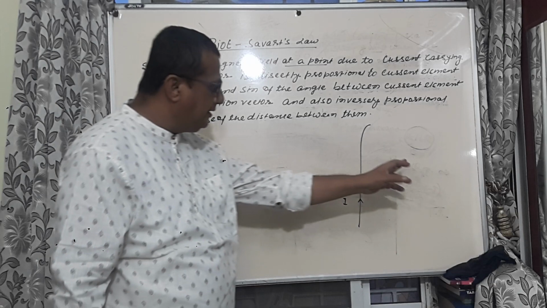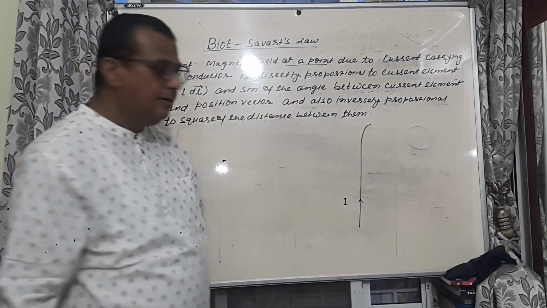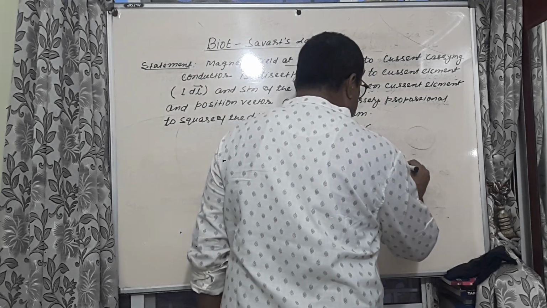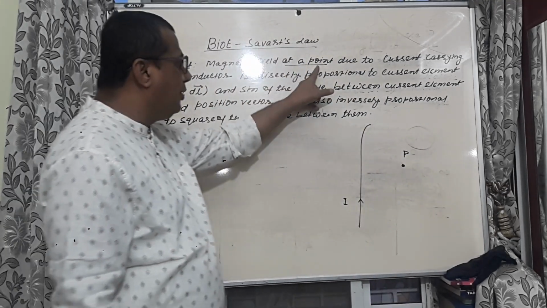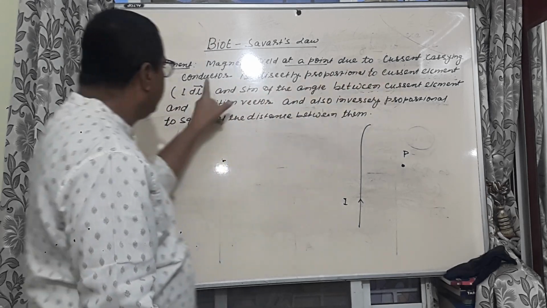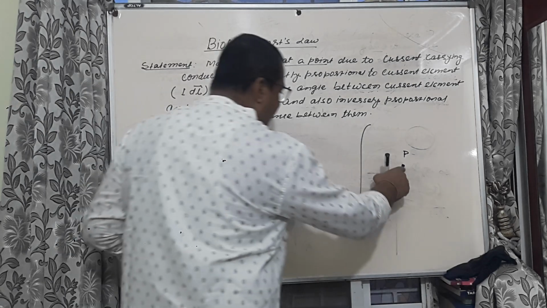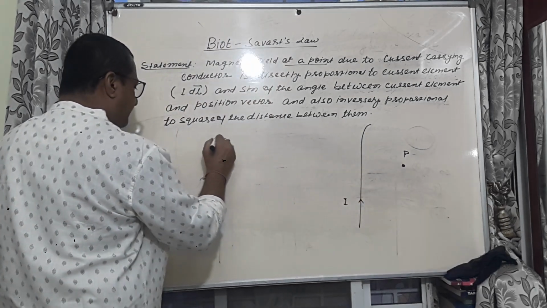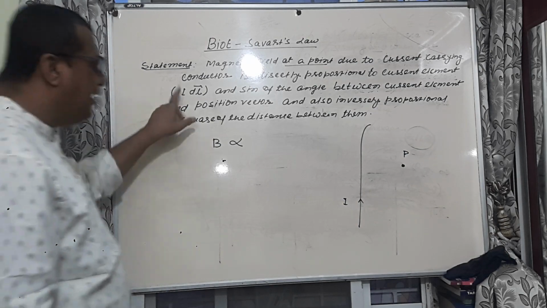We can take a point here. We are taking the point at this position. Magnetic field at a point due to current carrying conductor means magnetic field here.